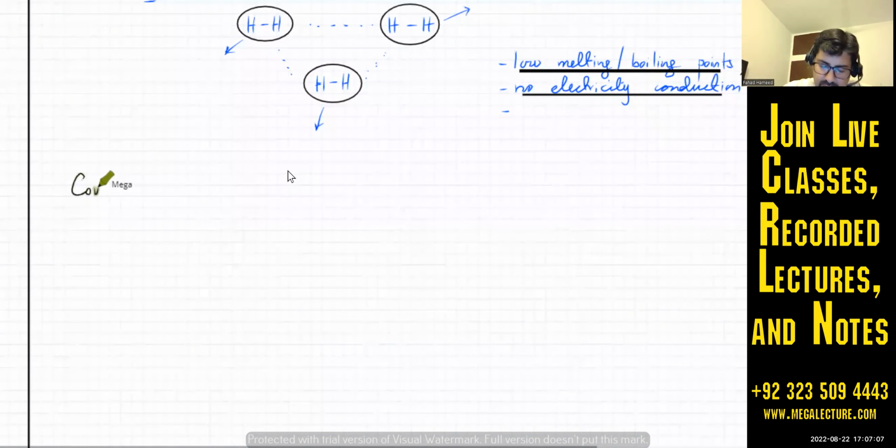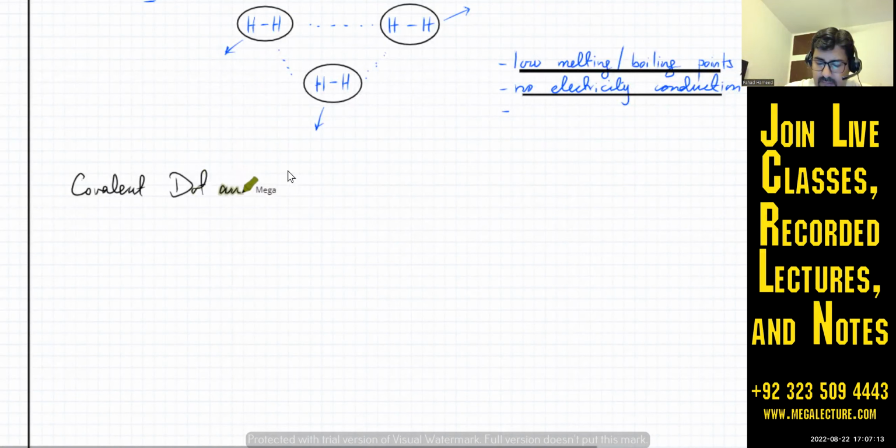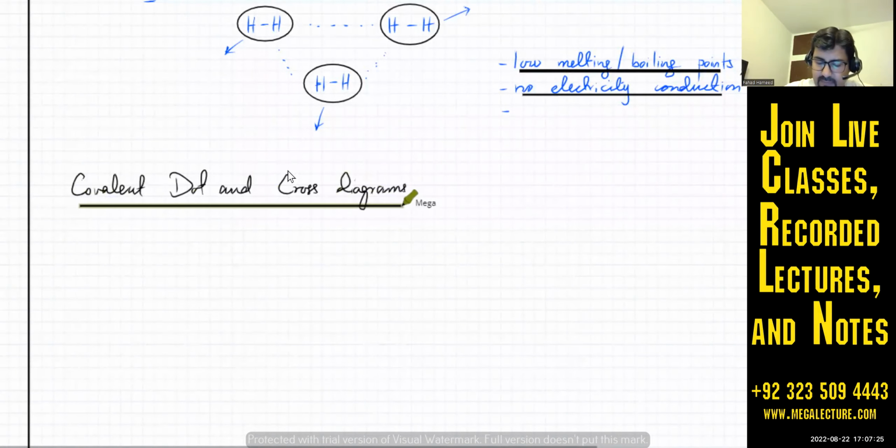So, covalent dot and cross diagrams. What did I tell you about covalent molecules? They're formed when you have a low difference in electronegativity. So covalent is going to be when you have, what was the number? That was 1.7.